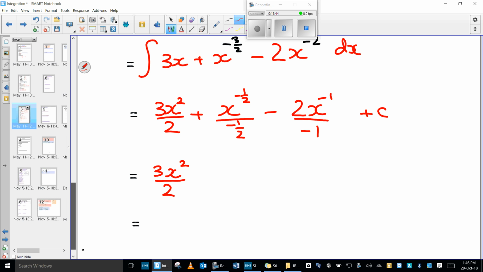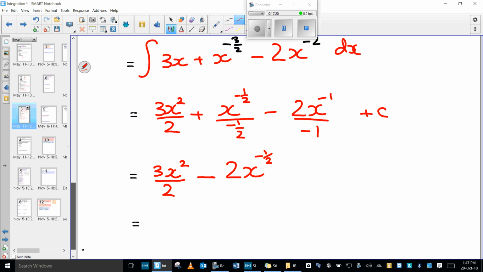Now, we have here plus this divided by a negative number. If we've got a positive thing divided by a negative, what's going to happen to the whole thing? It's going to become negative. So this sign is now going to become a subtraction. If you're dividing by negative a half, you're going to be multiplying by, what's the reciprocal of a half? 2, so it's going to become 2x to the negative a half.